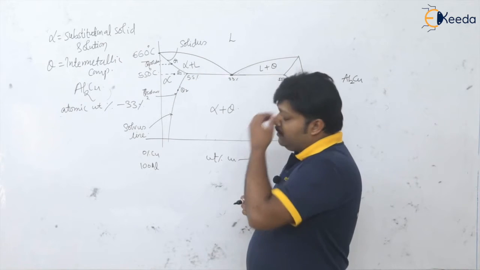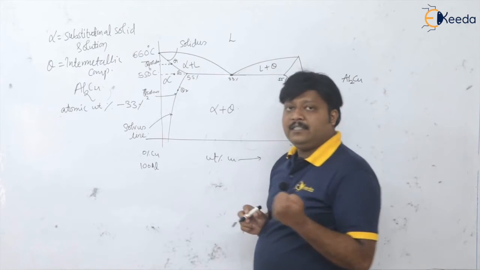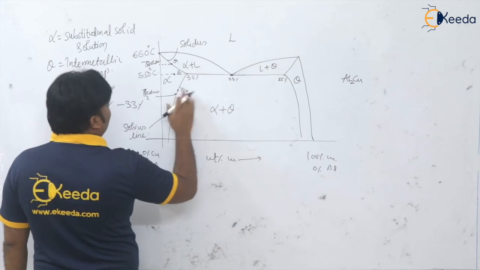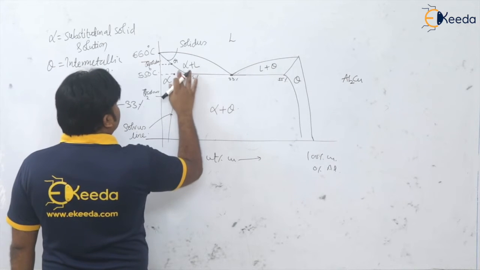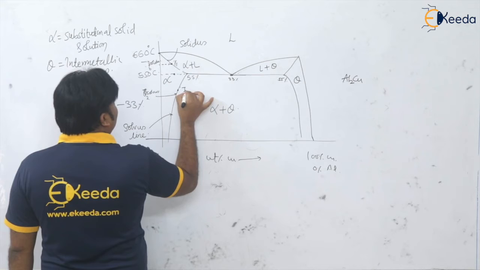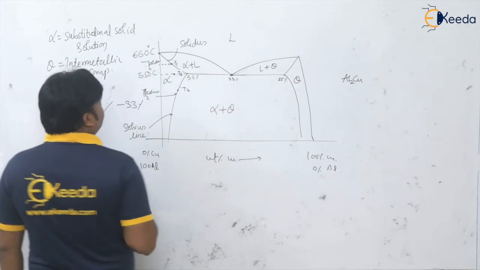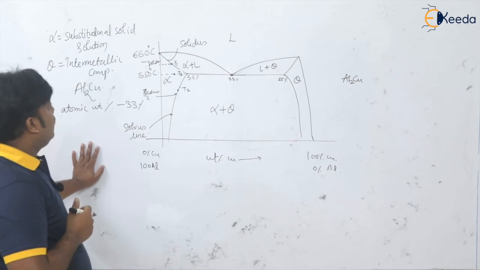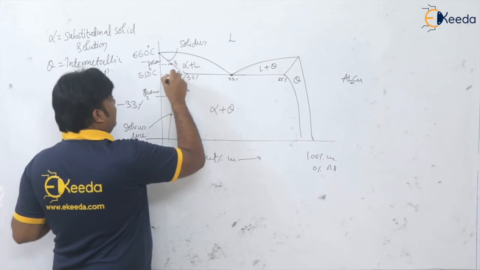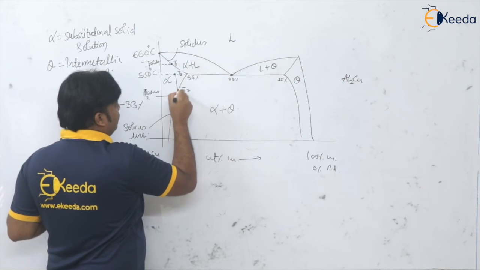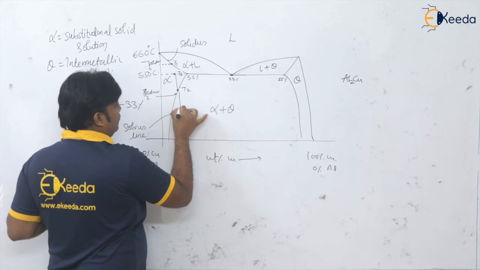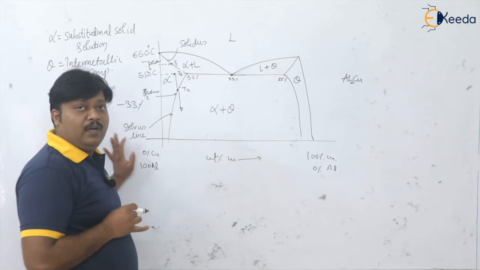So here, if I cool this alpha from this temperature, let me call the temperatures T1, T2, and T3. When we cool this alpha below the solvus line, what is going to happen?